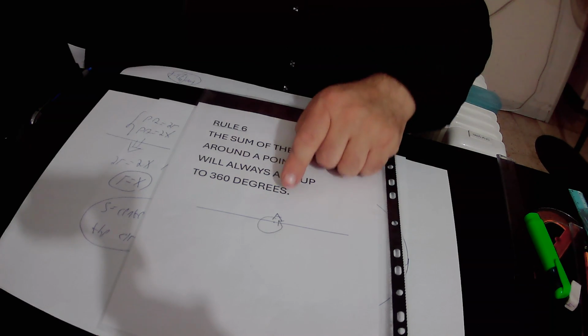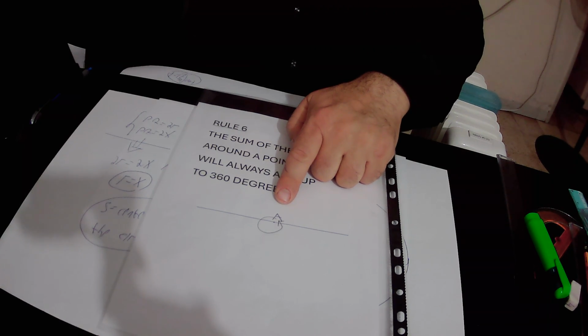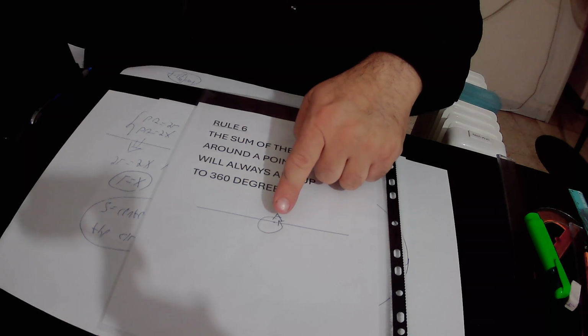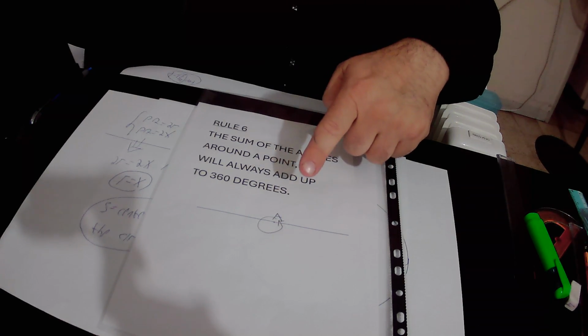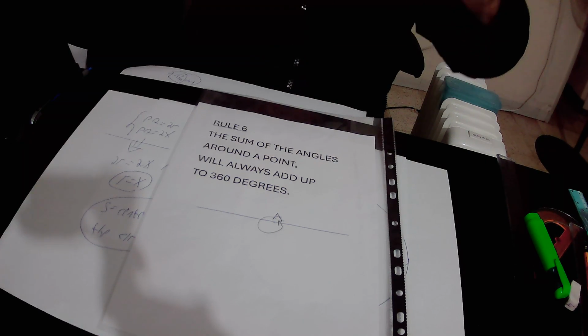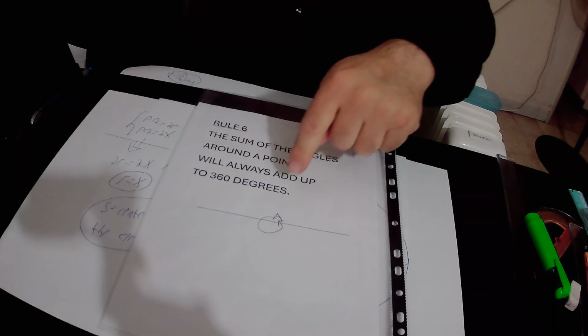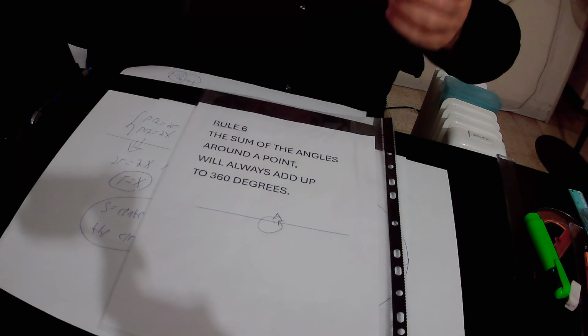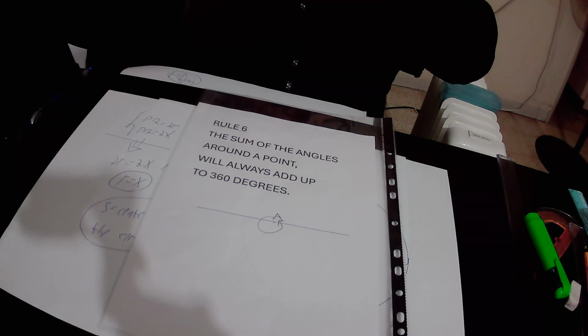So in total, 180 degrees plus 180 degrees is equal to 360 degrees. Therefore, the sum of the angles around point A in total equals 360 degrees.